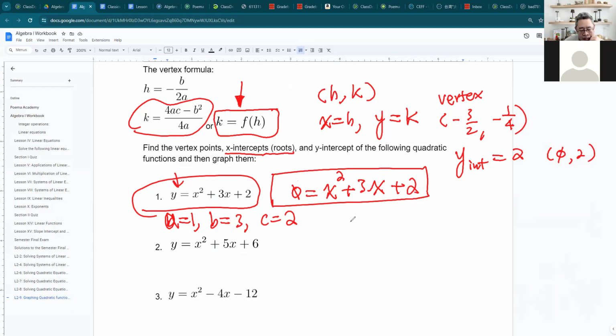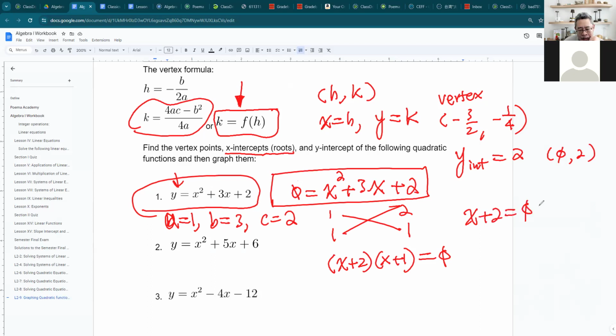If we do factorization, we got 1, 1, 2, 1, then cross multiply, 1 plus 2, 2 plus 1 is 3, so that works. So we got x plus 2, x plus 1 equal to 0. Then x plus 2 equal to 0 gave us x equal negative 2, or x plus 1 equal to 0 gave us x equal negative 1. So we got the points we need.